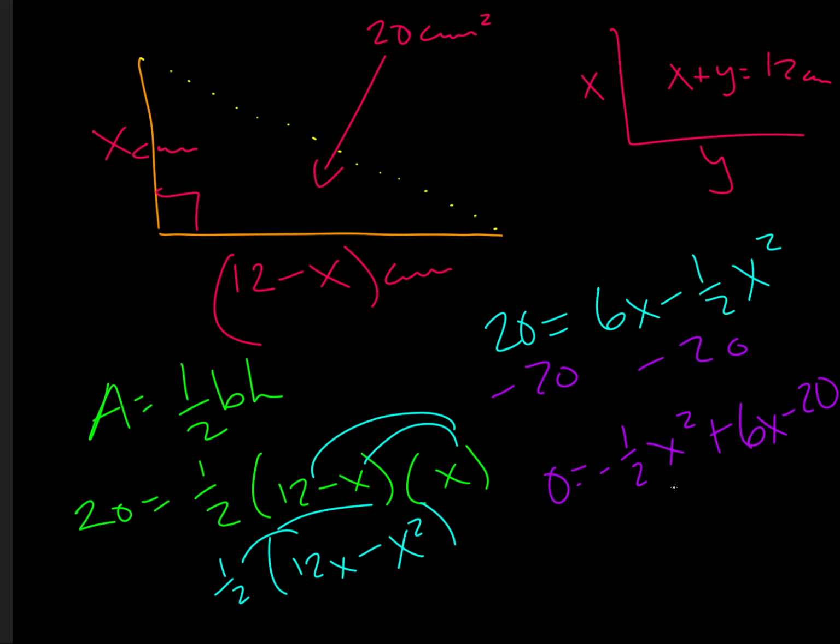So I'm actually going to do a couple things. I don't like having a negative out in front here, so I'm going to multiply everything by -2 to clear the fraction and clear the negative. And then I'm also multiplying the 0 by -2. So 0 equals x squared minus 12x plus 40.